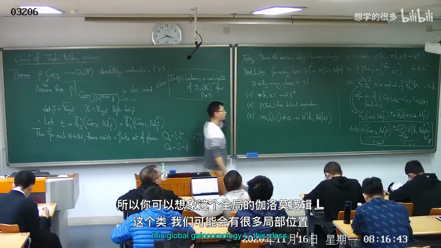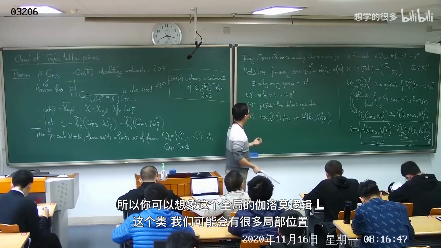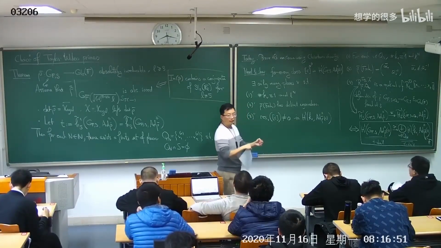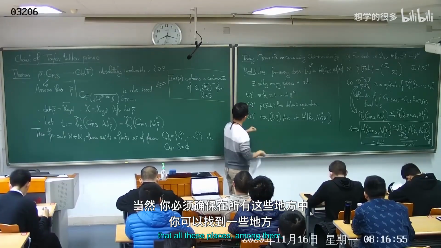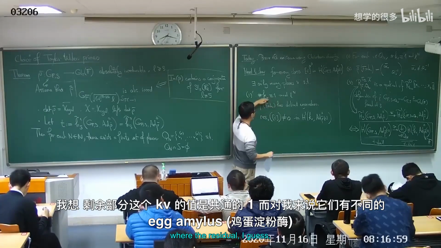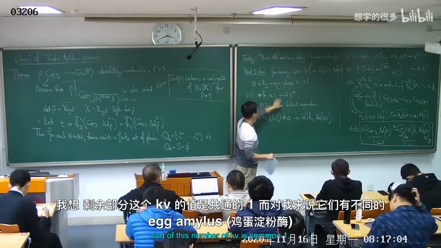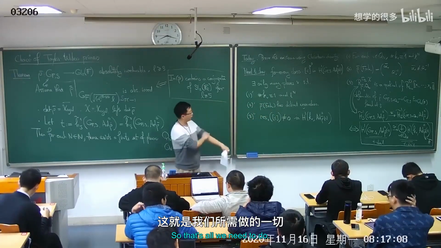So you should imagine this global Galois cohomology class will probably have many local places where the restriction is not zero. And of course, you have to make sure that among these places, you can find some where the residue field kV is common to 1, and for me to have distinct eigenvalues. So that's all we need to do.